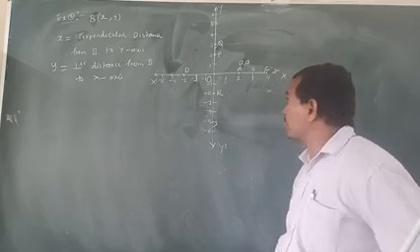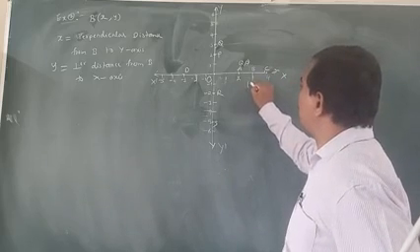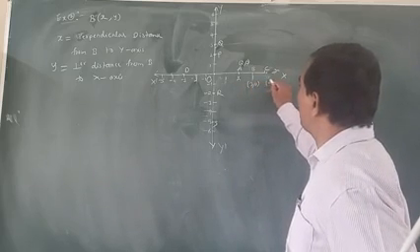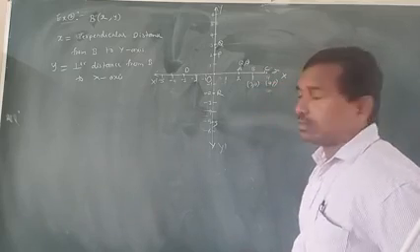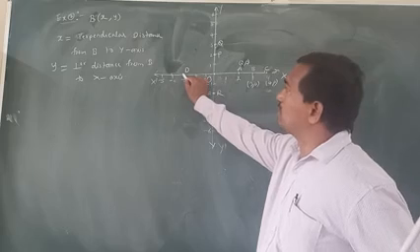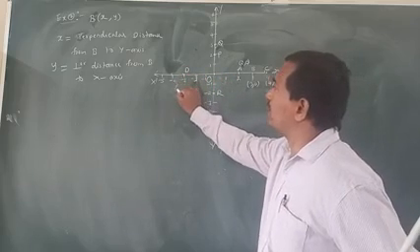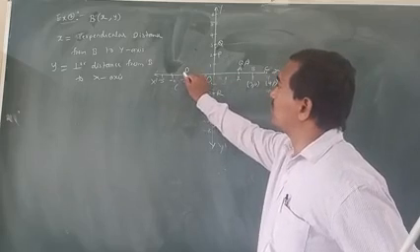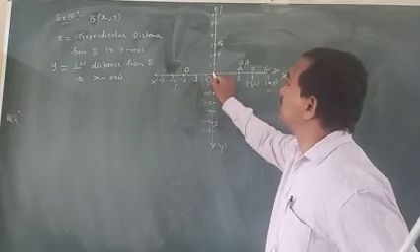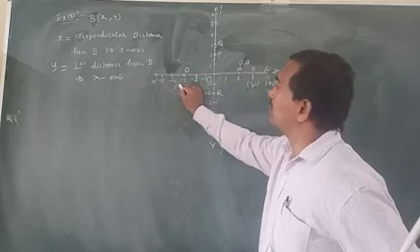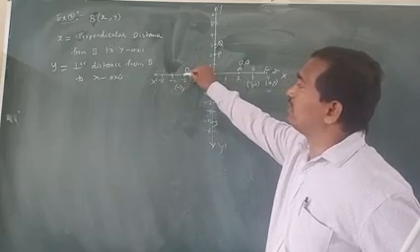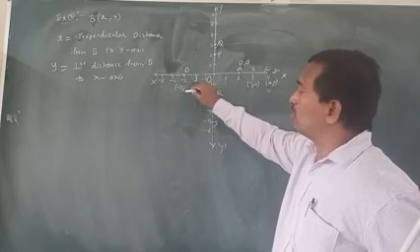Here B is (3, 0). Here C is (4, 0). D: the distance from D to the y-axis is 3 units in the negative direction, so minus 3. The distance from D to the x-axis is 0.